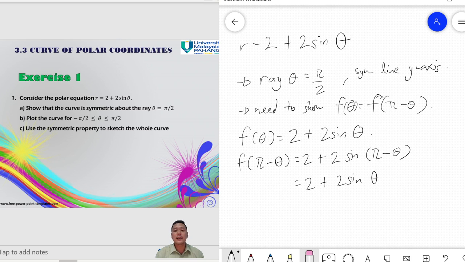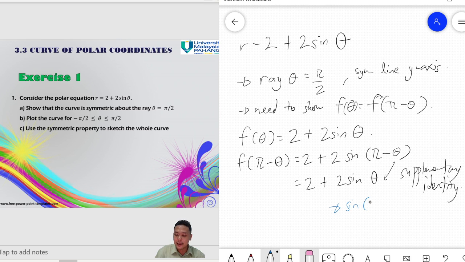You can also use the identity sine of a plus or minus b equals sine a cos b plus or minus cos a sine b. You can also use that identity, but I found a simple one, which is supplementary. Let me write the identity: sine of pi minus theta is equal to sine theta.